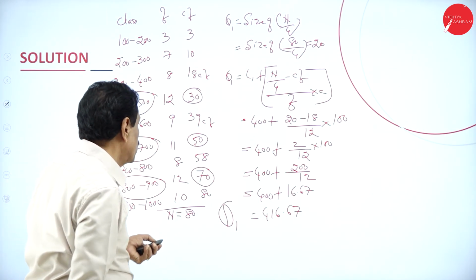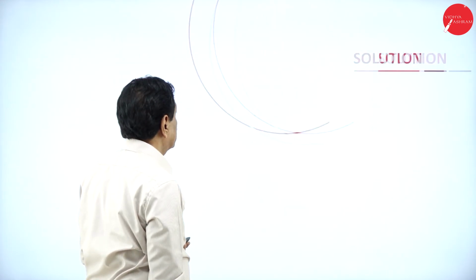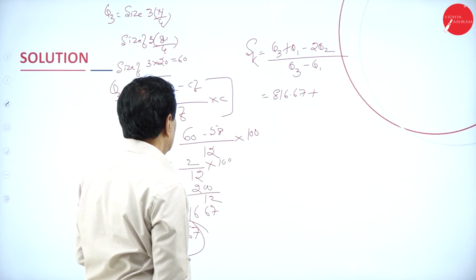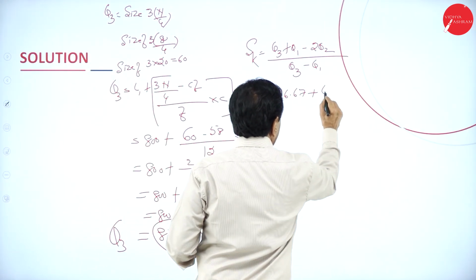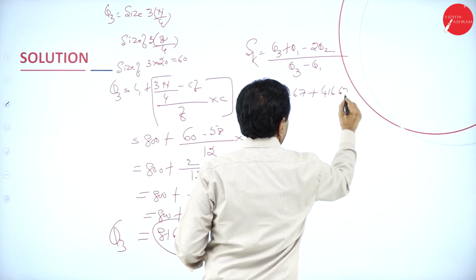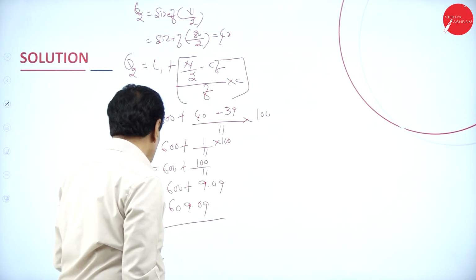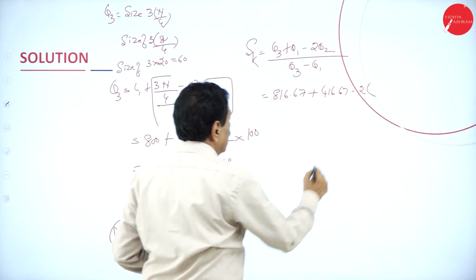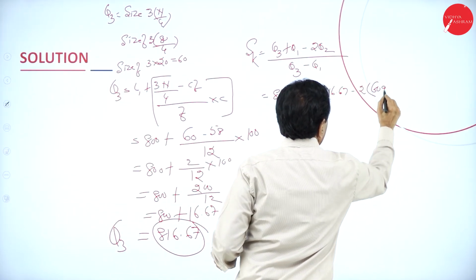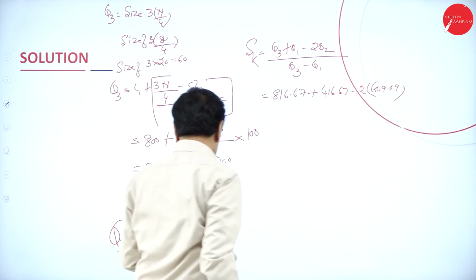Your Q1 is 416.67. 416.67 minus 2 into your Q2, 609.09. See that?